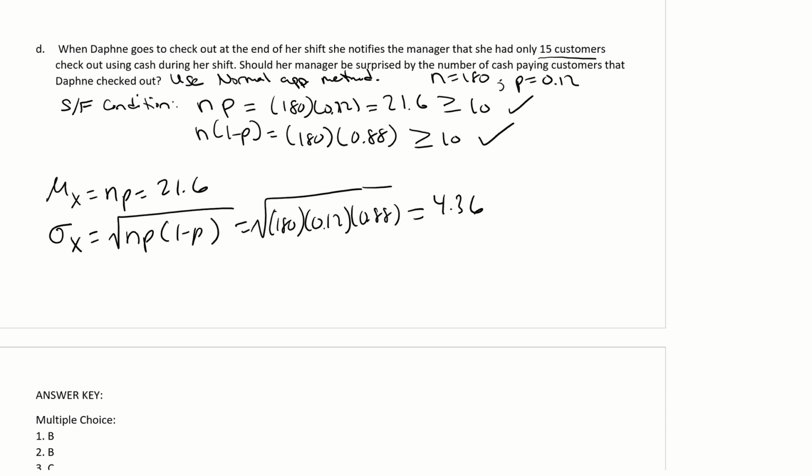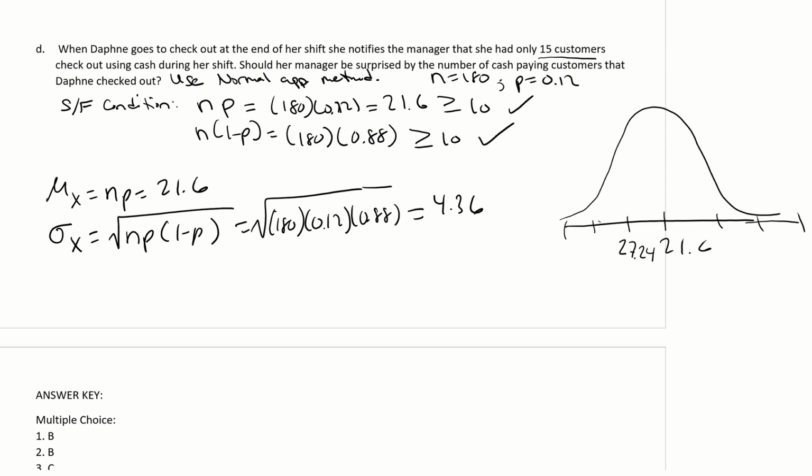And so we're going to have a normal distribution, 21.6, and 1, 2, 3, 1, 2, 3. 4.36 is, if I subtract that from here, that should be 17.24, not 27.24.